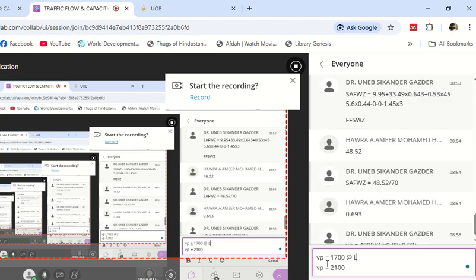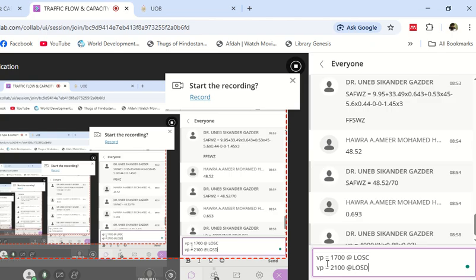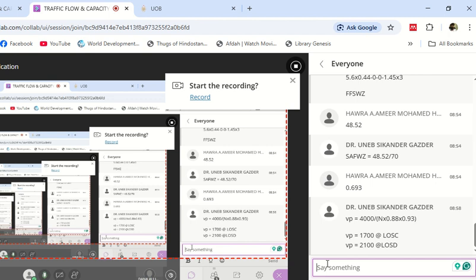So this is at level of service C, and this is at level of service D. So how many lanes will we get in each case for C and D? How many lanes?